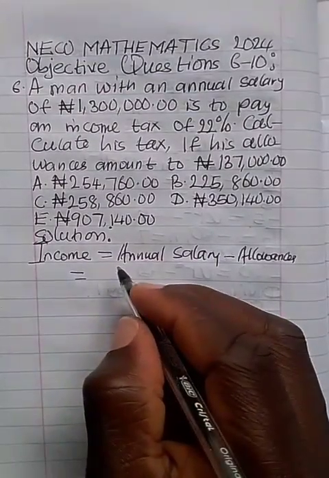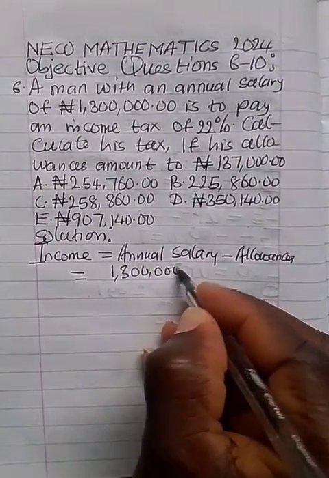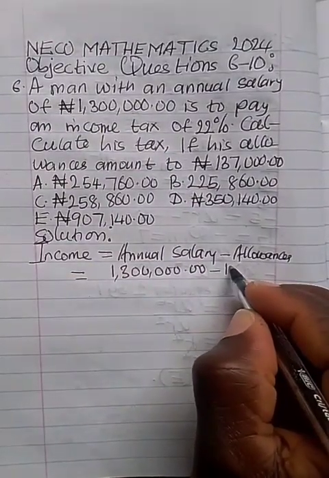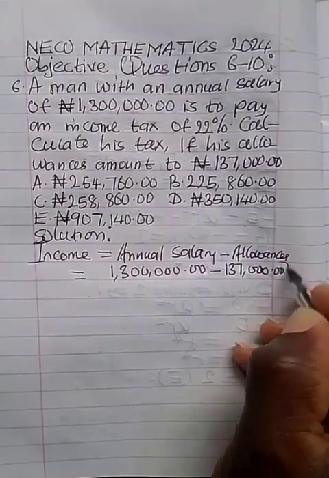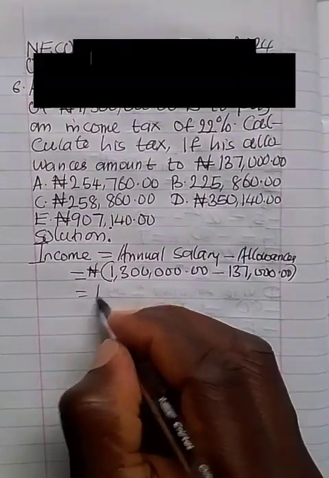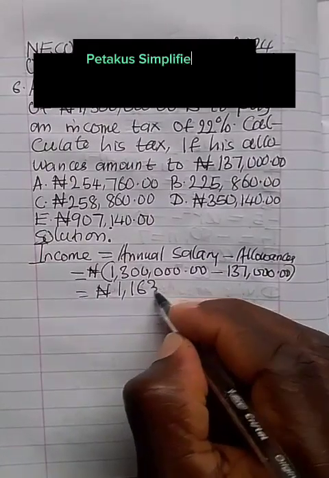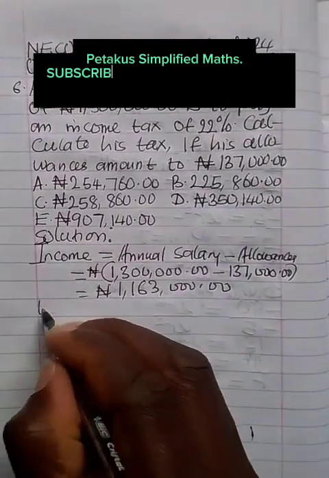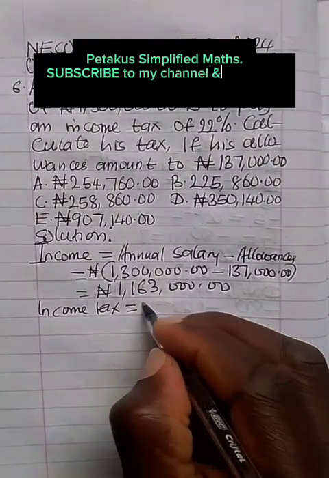The annual salary is 1,300,000 minus allowances 137,000, all in naira. If you subtract, you have 1,163,000 naira.